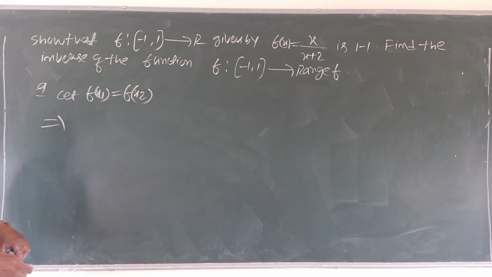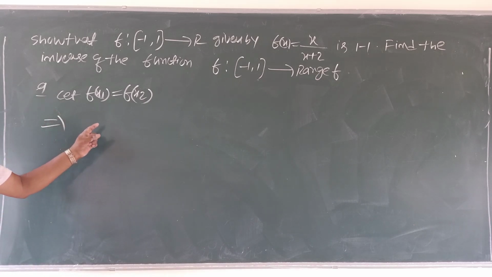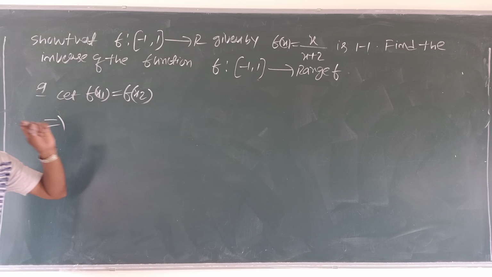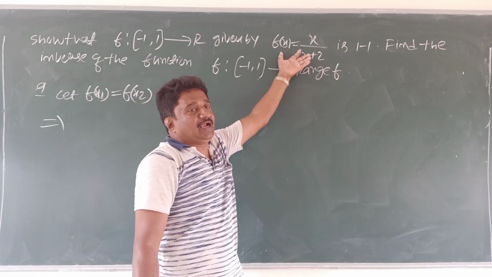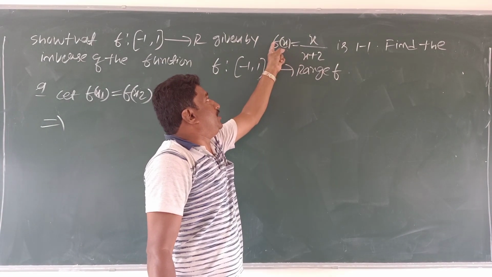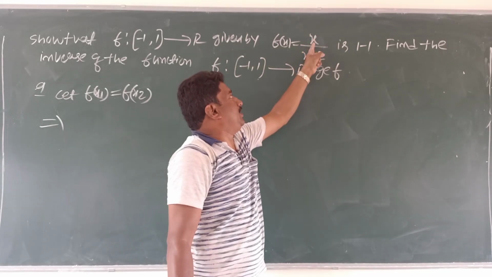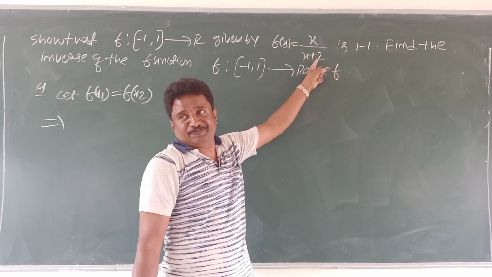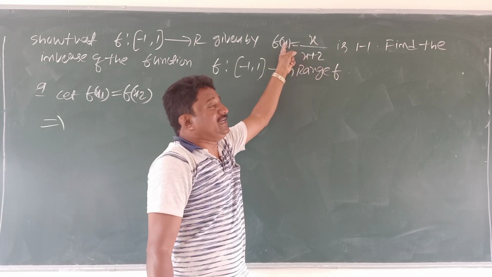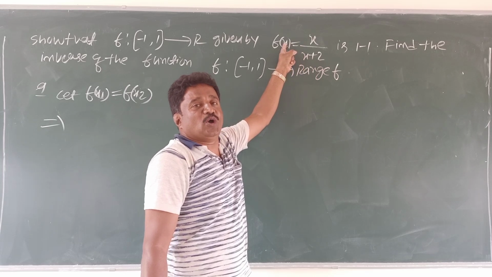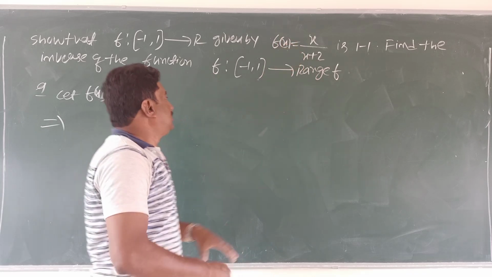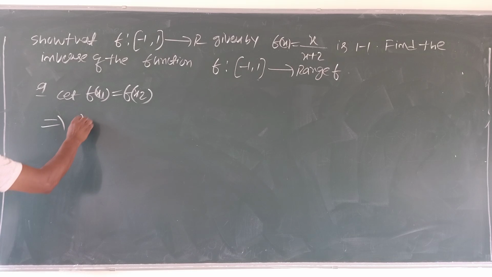Students, how much is f(x1)? Tell me how much will be f(x1). It is x1/(x1 + 2). Replace x by x1, you are going to get f(x1). Tell me the f(x1) value, students: x1/(x1 + 2).